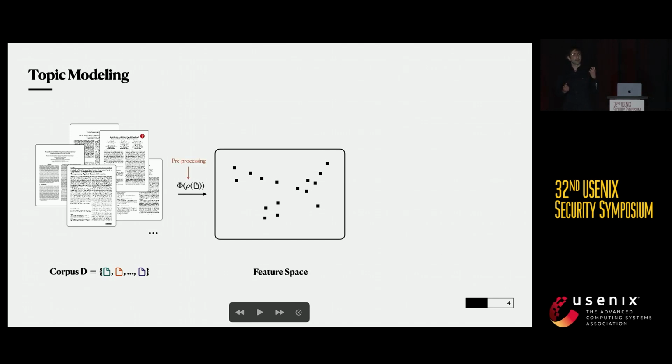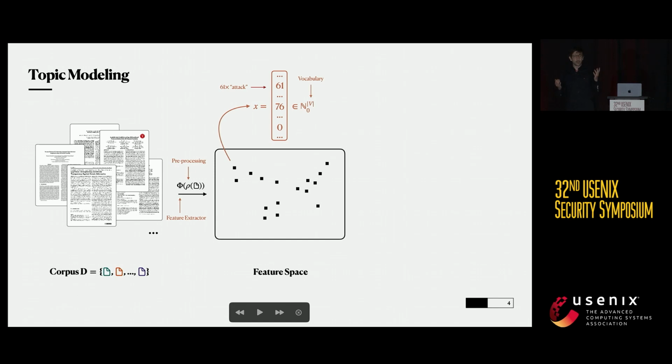We first extract text out of the PDFs, and then apply usual NLP tasks like stop word removal, tokenization, stemming, and so on. And then we apply a feature extractor that maps the input to a bag of words vector.